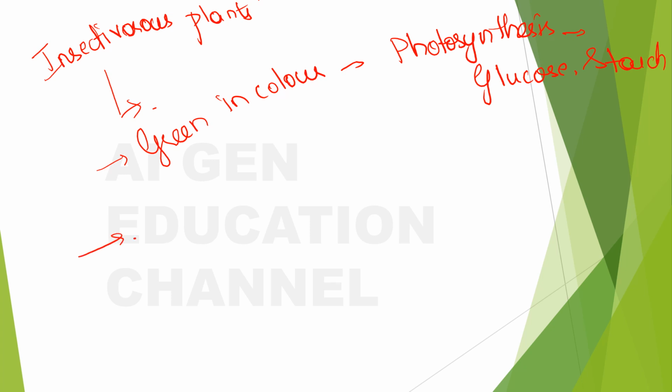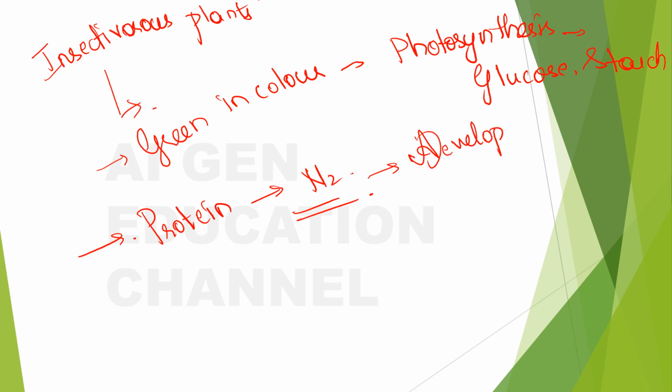But how about the protein requirement? I told you that plants do need nitrogen, right? And as these plants live in nitrogen deficient soil, they have developed structures that will help trap the insects so that they can derive the nitrogen from those insects.